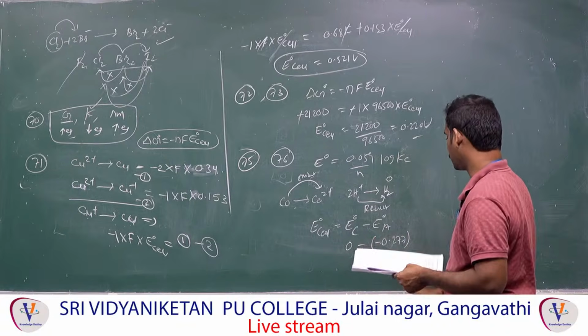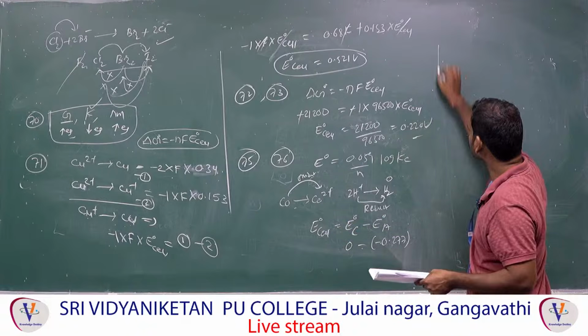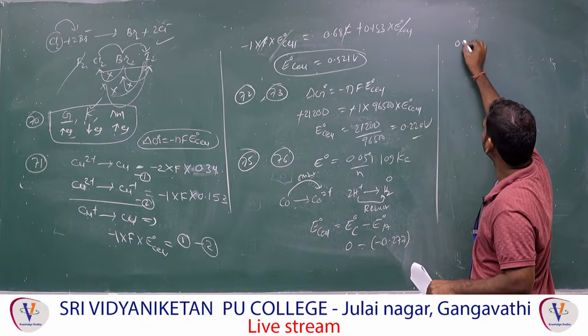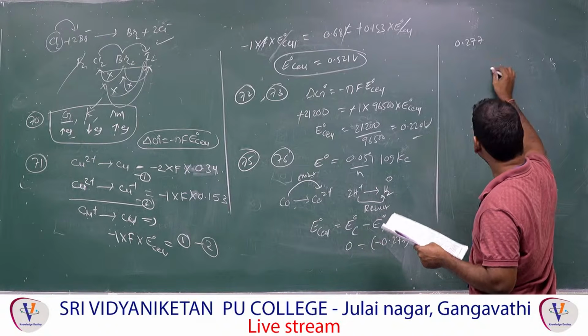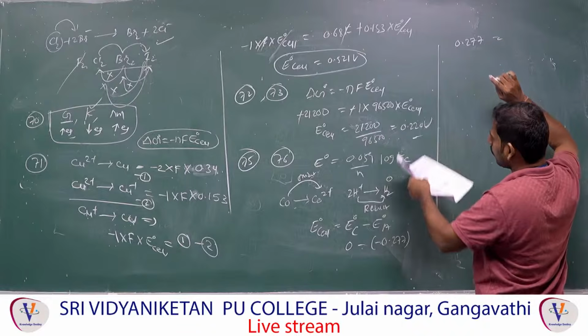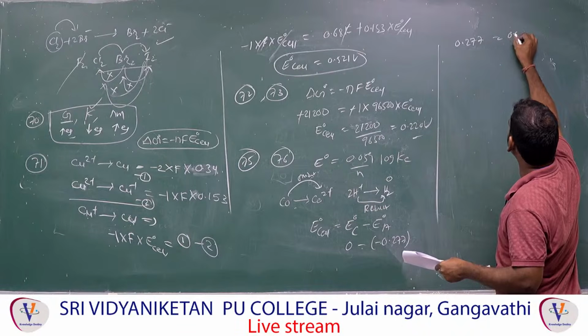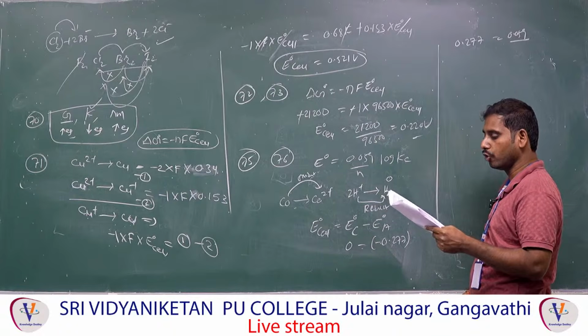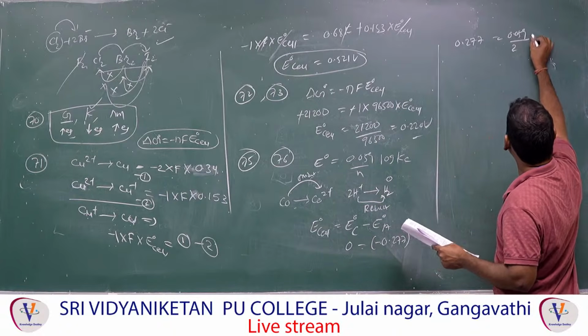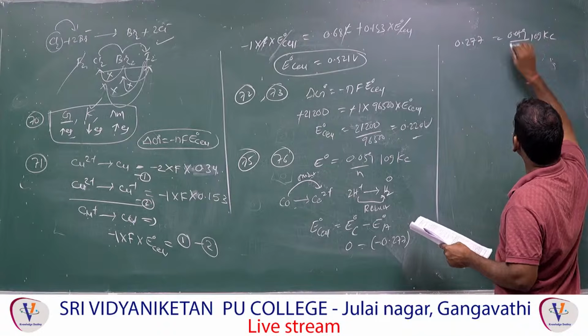Minus into minus is plus, that means E naught cell is 0.277. Right, 0.277 equals what is the formula? 0.059 by n. How many electrons are transferred in the equation? 2 electrons. So 2 log Kc.